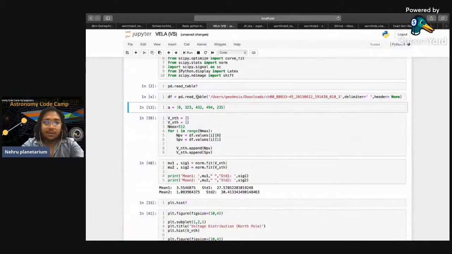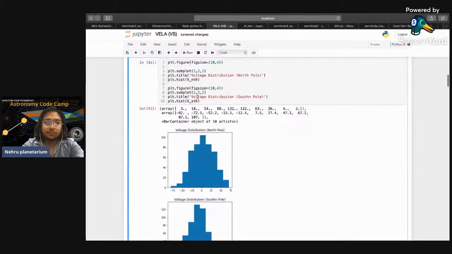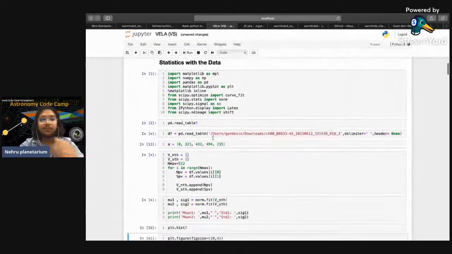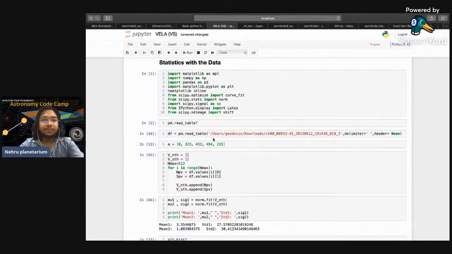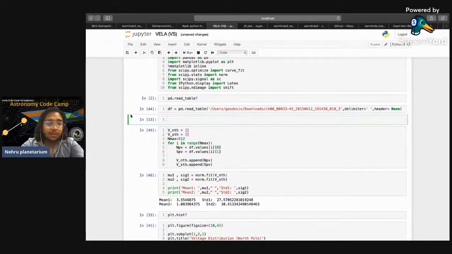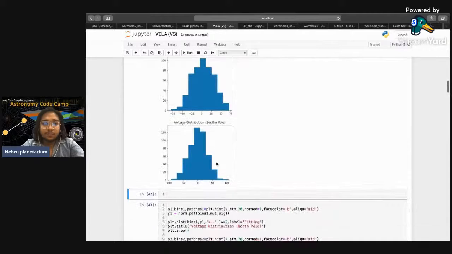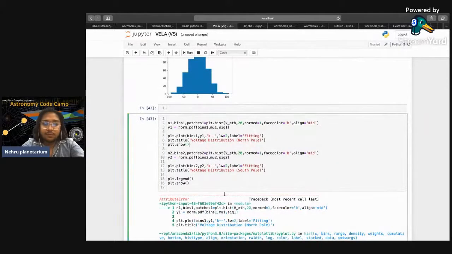We run it again. All right. Now the histograms.